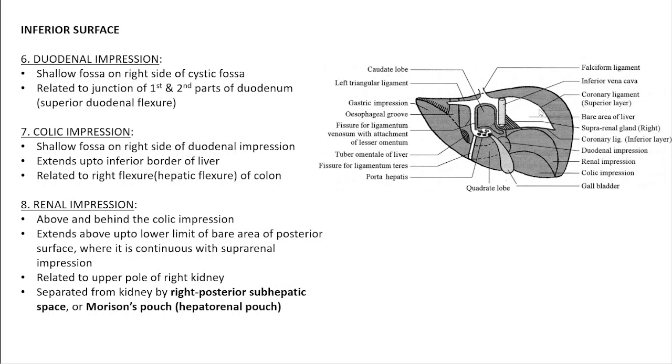The upper layer of the coronary ligament is visceroparietal because it is a reflection of visceral peritoneum from the liver to the parietal peritoneum covering the undersurface of the diaphragm, whereas the inferior layer of the coronary ligament is viscerovisceral because it is a reflection of visceral peritoneum covering the posterior surface of the liver to the visceral peritoneum covering the anterior surface of the right kidney.